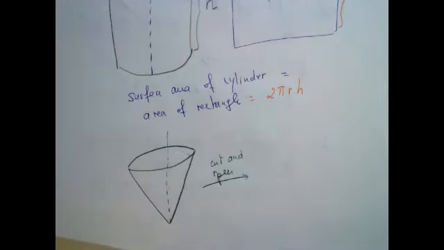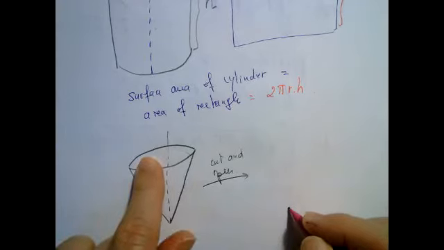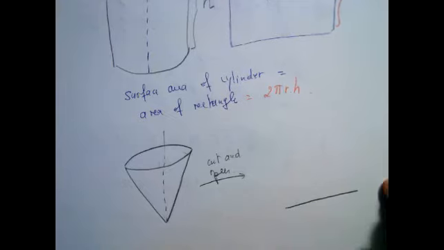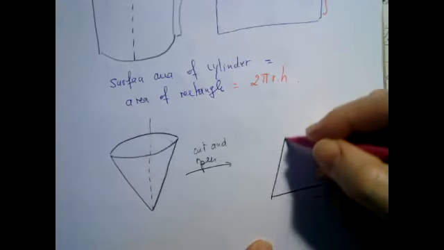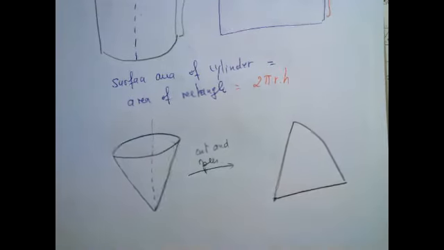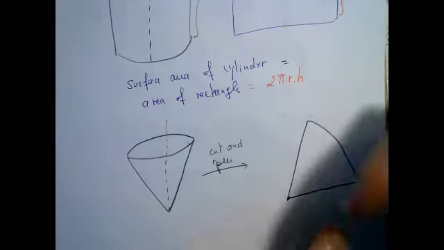A triangle? Kind of a triangle. We get something like a sector usually because there is a curve in the top. So it's not quite a triangle. We get something like that. Actually, imagine I give you a sector like this and I tell you to fold it.